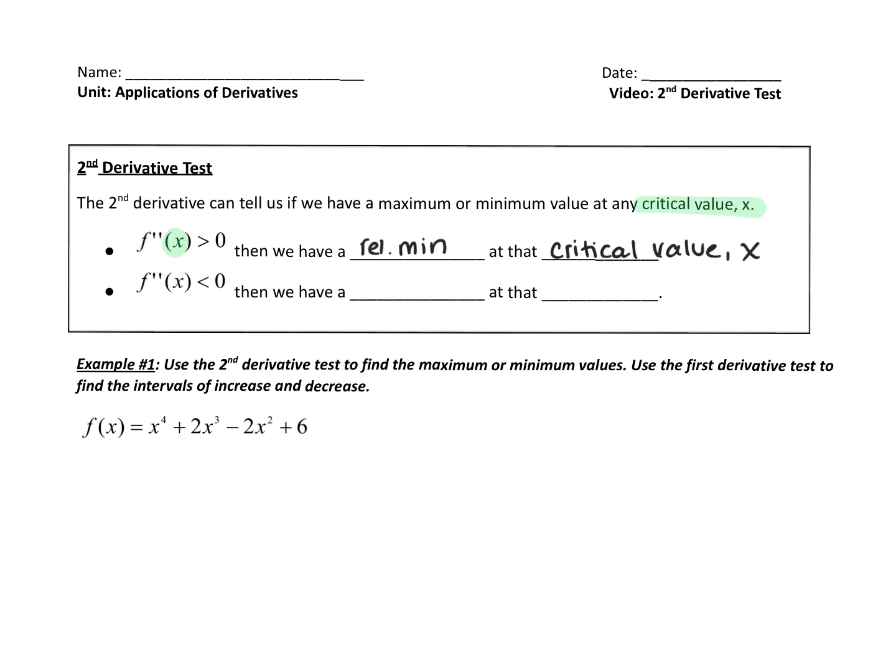If f double prime of that critical value x is less than 0, then we have a relative maximum. So it's kind of opposite of what you think it is, right? Greater than 0, you would think maximum, but less than 0, you would think minimum. So greater than 0 is actually a minimum, and less than 0 is actually a maximum at that specific critical value.